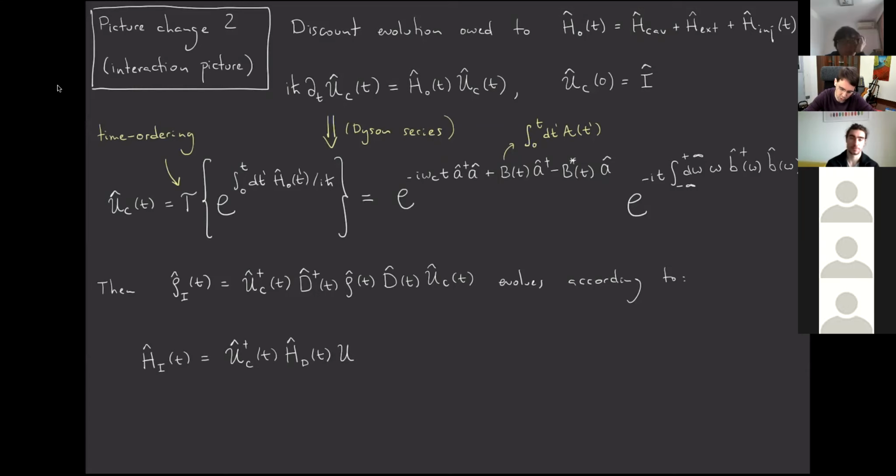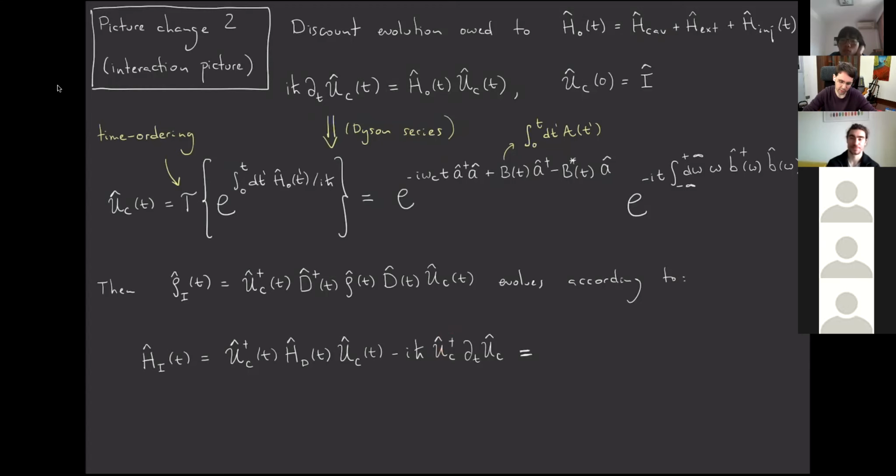So this is the HD. Okay, minus I h bar, UC dagger, and the time derivative of UC. But now this is a very, very simple expression because you see that the time derivative of UC is actually, you see it here, H0 times U. Then we have U dagger.